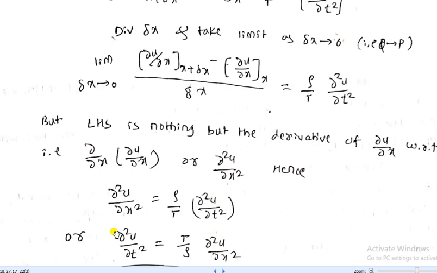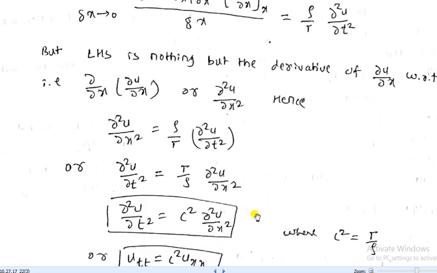This is called the one dimensional wave equation, and T by rho is also denoted as c square, so c square denotes T divided by rho. So ∂²u by ∂t² is equal to c square ∂²u by ∂x² is called the one dimensional wave equation.